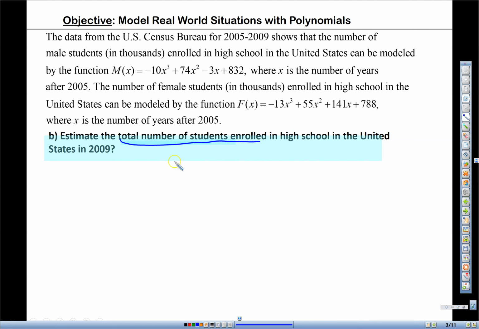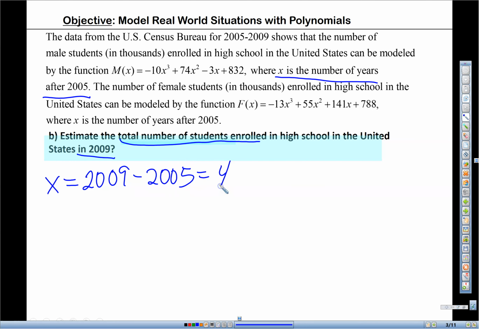And to figure out the actual number of students that that model would give us, we need to have a value for x. Remember, x is defined as the number of years after 2005, and we're looking at the year 2009, which means that our x value would be 2009 minus 2005, or a value of 4. So now we're looking at finding t of 4.